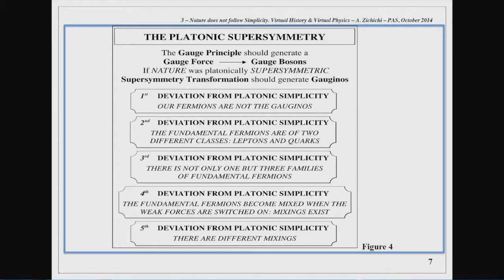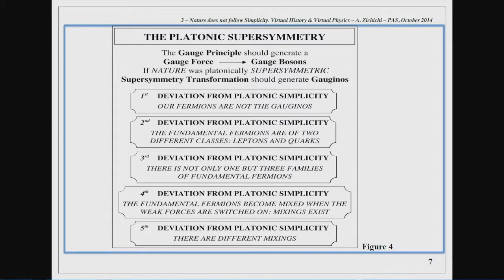If nature was platonically simple, platonically supersymmetric, supersymmetry transformation should produce gauginos. So, fermions and bosons. First deviation from Platonic simplicity: our fermions are not gauginos. Second deviation from Platonic simplicity: the fundamental fermions are of two different classes, leptons and quarks.